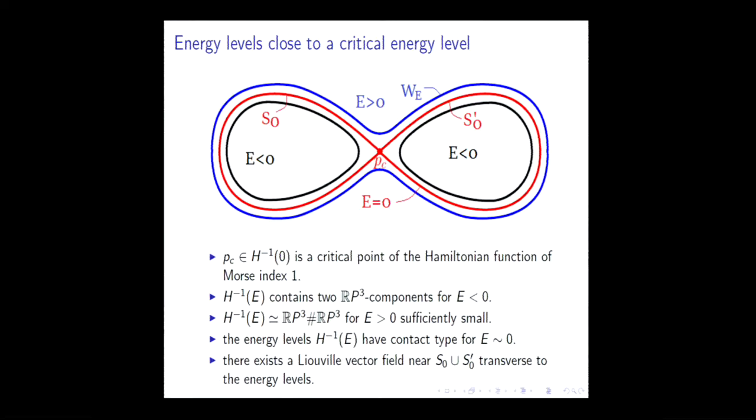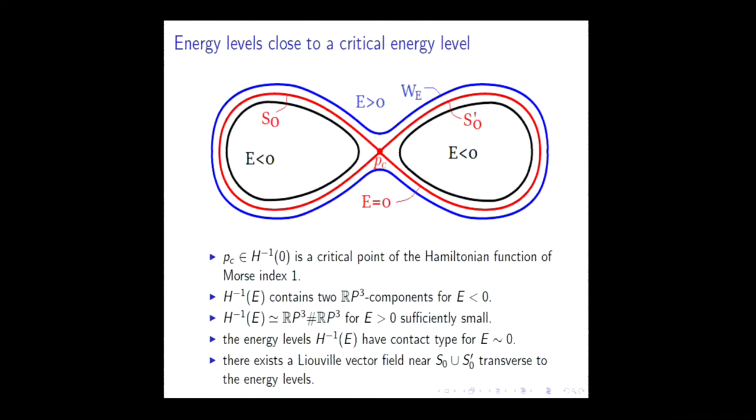So again, we have this saddle center equilibrium point. And we consider this RP3 with singular points at the critical level. And we have this connected sum of RP3 for energy slightly above 0.